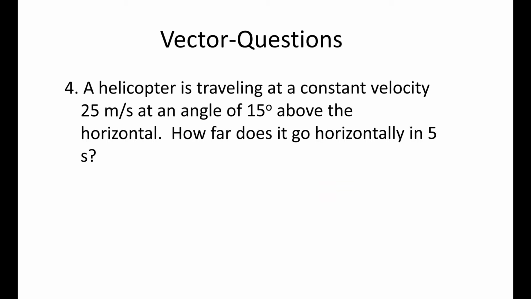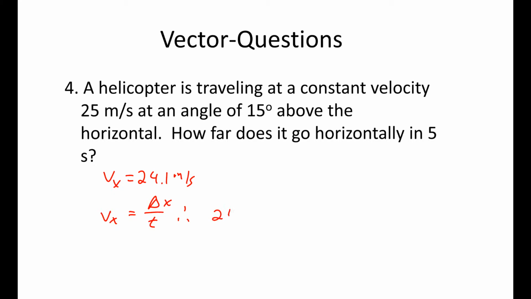Helicopter traveling at a constant velocity of 25 meters per second, angle 15 degrees above the horizontal. How far does it go horizontally in 5 seconds? We said the horizontal velocity was 24.1, right? We'll call that Vx equals 24.1 meters per second. So we can use Vx equals delta x over t.